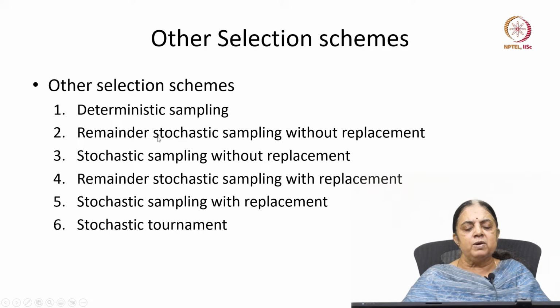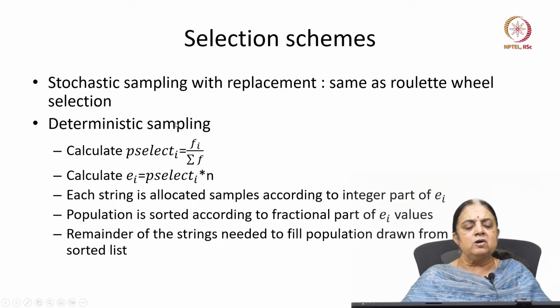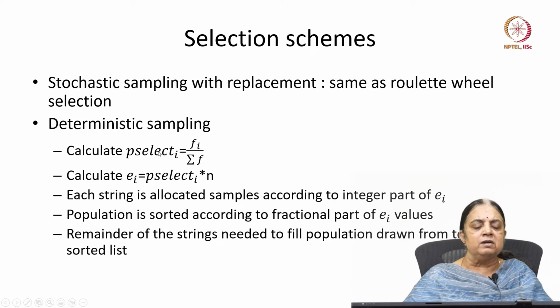And when you say remainder stochastic sampling, it means the first part of the selection is done deterministically and then the last part is done stochastically. We will see what we mean by that. So how is the deterministic sampling done?